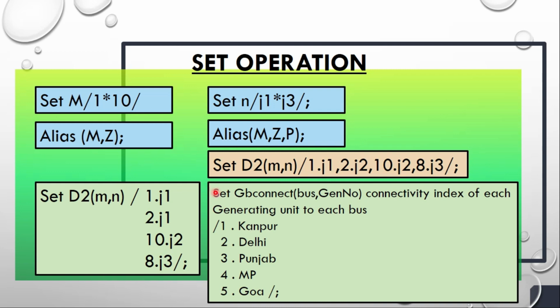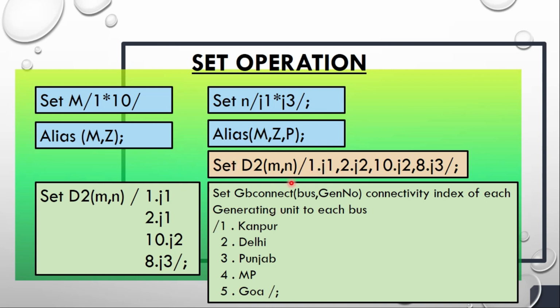Now when you start creating your code, slowly we are going to make things complex in small parts. This is our one dimension, this is our two dimension. Now, when you consider power system or transportation aspects, you need to tell about connections, like one is connected to 3, one is connected to 2.